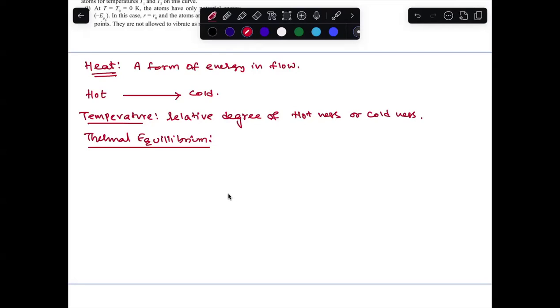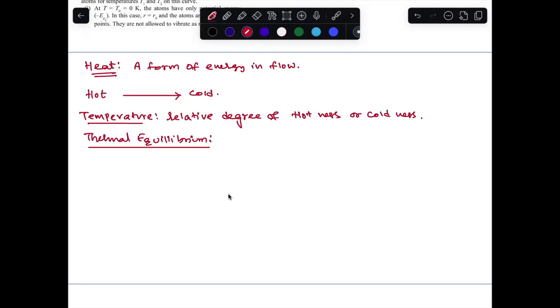See, don't speak about the heat in lead or heat in water. Wrong. We will correct that when we deal with the thermodynamics chapter. Temperature never informs you that this body is having that much amount of heat. I said relative hotness or coldness. That's all.